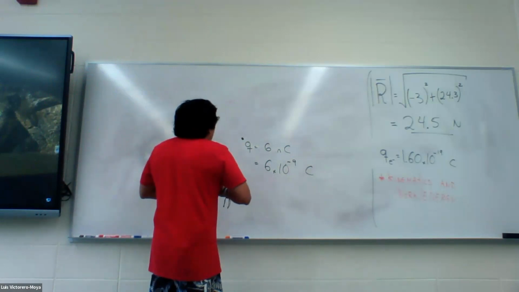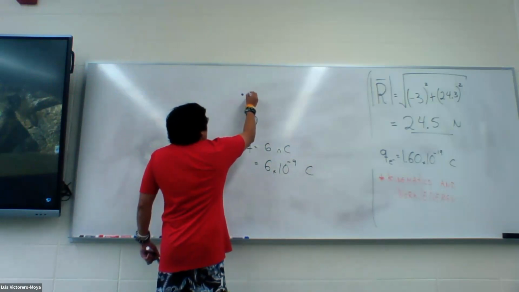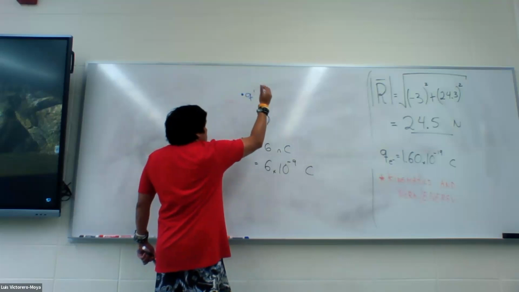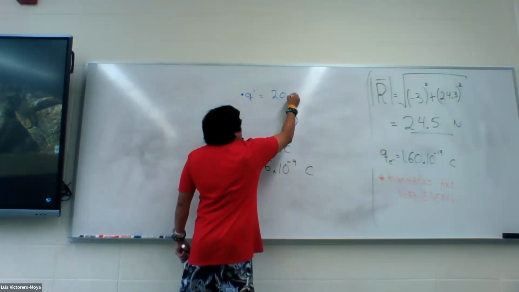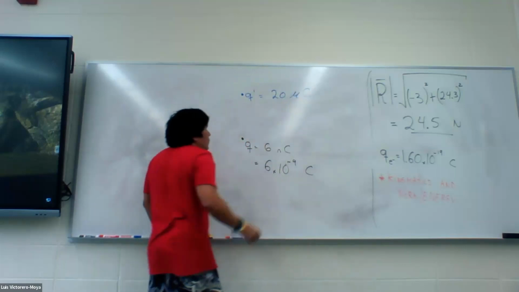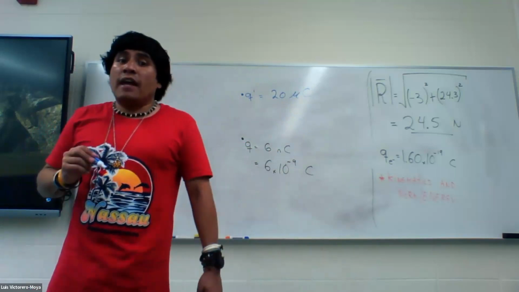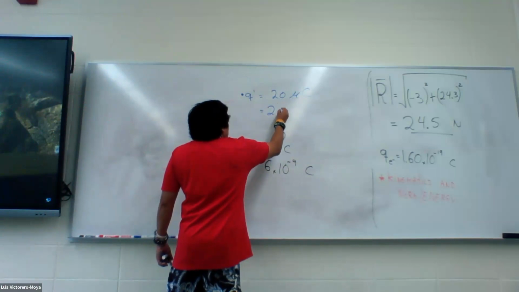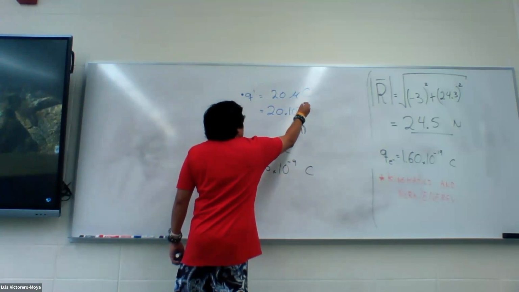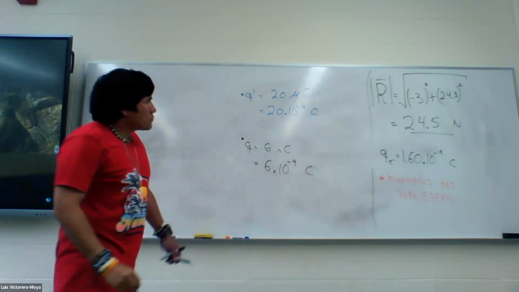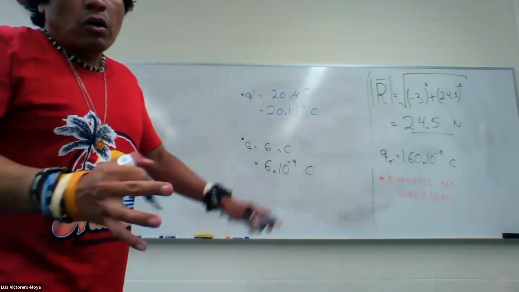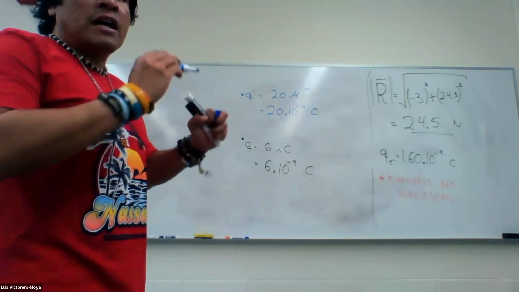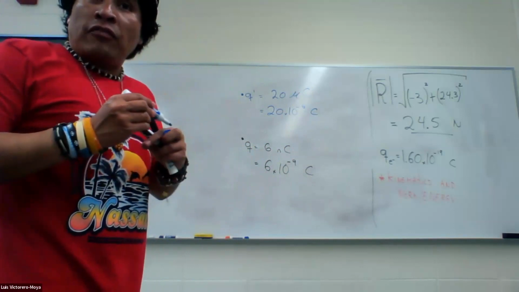I can also give another charge, Q prime, and I can say that's equal to 20 microcoulombs. Micro is 10 to a negative 6. So we just say that that's equal to 20 times 10 to a negative 6 coulombs. All right. So just keep in mind that in the textbook, in exams, and in the class, we're going to be using prefixes like that.